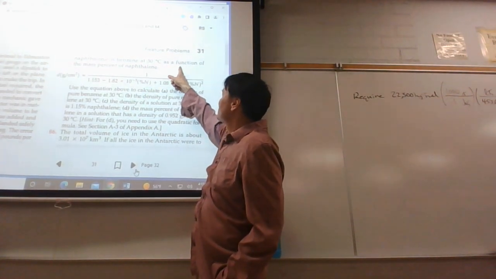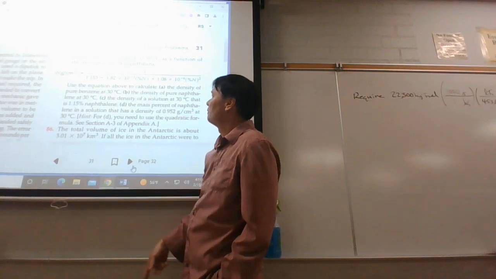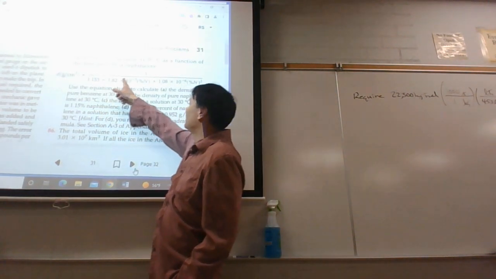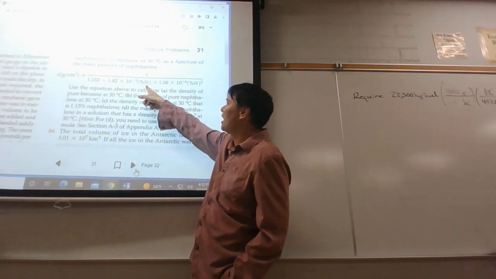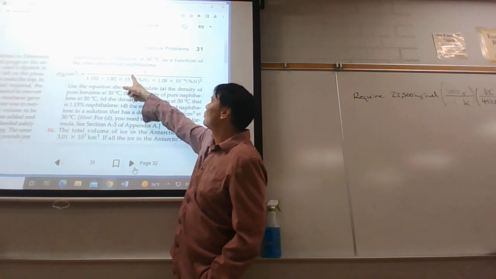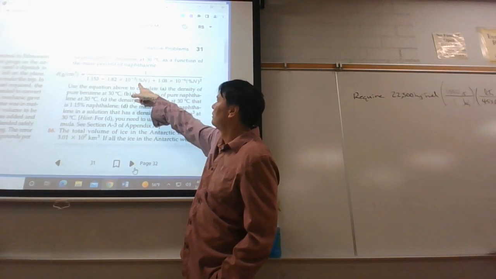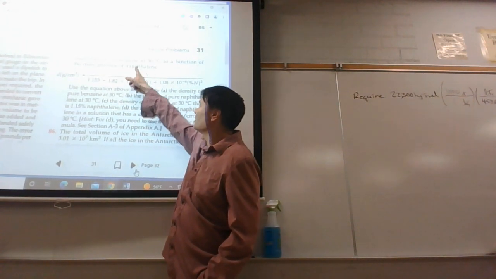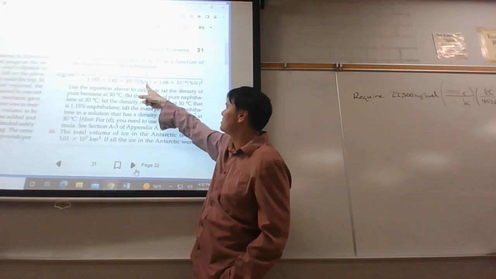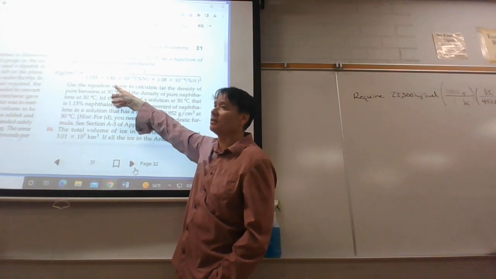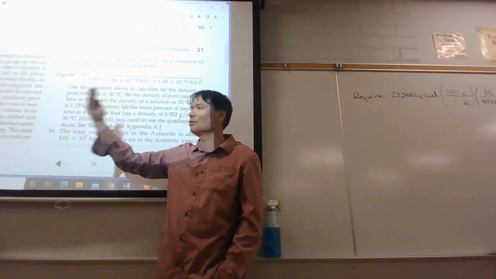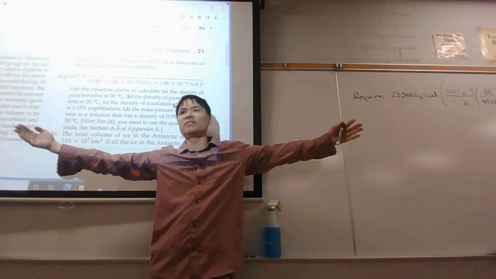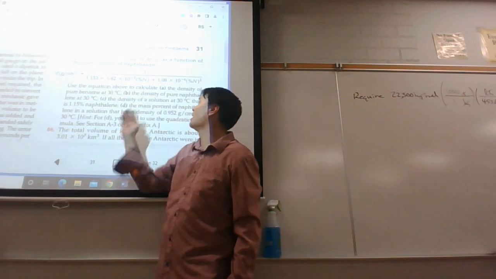At 30 degrees C is a function of mass percent of naphthalene. And so the density changes depending on how much naphthalene we have. If this mixture were 100% naphthalene, we plug in 100 here, 100 here, we get the density. If this mixture were 0% naphthalene, we plug in 0 here, and then calculate the density. So we can go from 0% naphthalene to 100% naphthalene, and this is the equation that describes it.